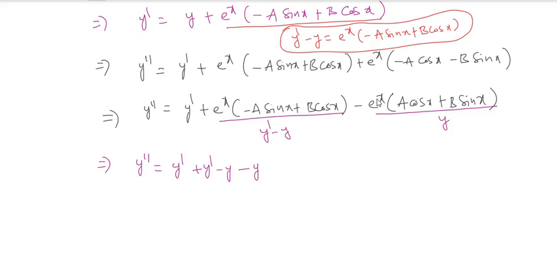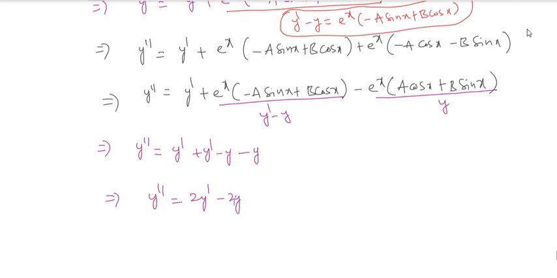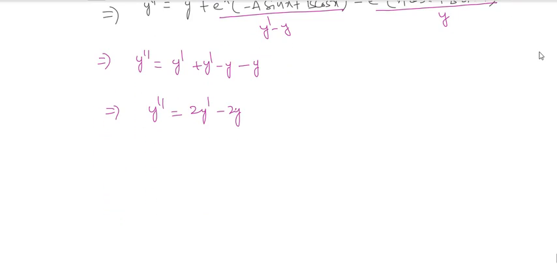Simplifying, I get 2y dash minus 2y, so taking all terms together: y double dash minus 2y dash plus 2y is equal to 0.